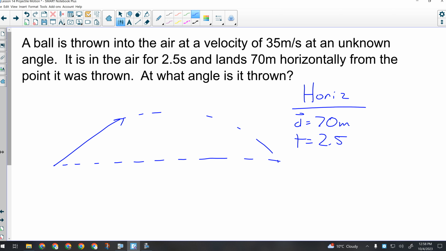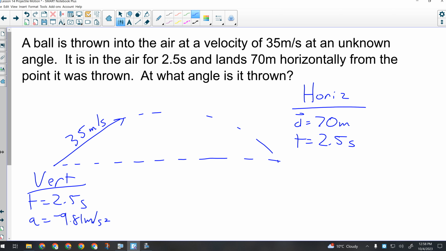That's like the most incredibly useful piece of information they could give us because I get to use it in 2 different places. And it's thrown into the air at a velocity of 35 meters per second.